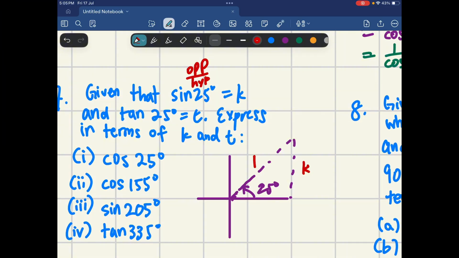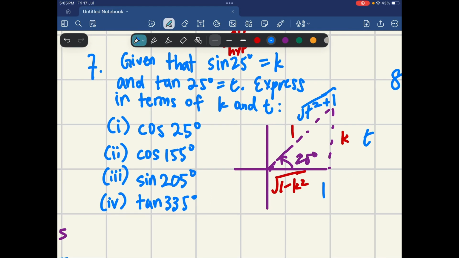And for tangent, it is opposite over adjacent. So tangent says t. So this is t. I'll use another color. This is 1. But they're not equal, they're different. Okay? So here, in terms of k, this side will be the square root of 1 minus k squared. In terms of t, this side will be the square root of t squared plus 1.